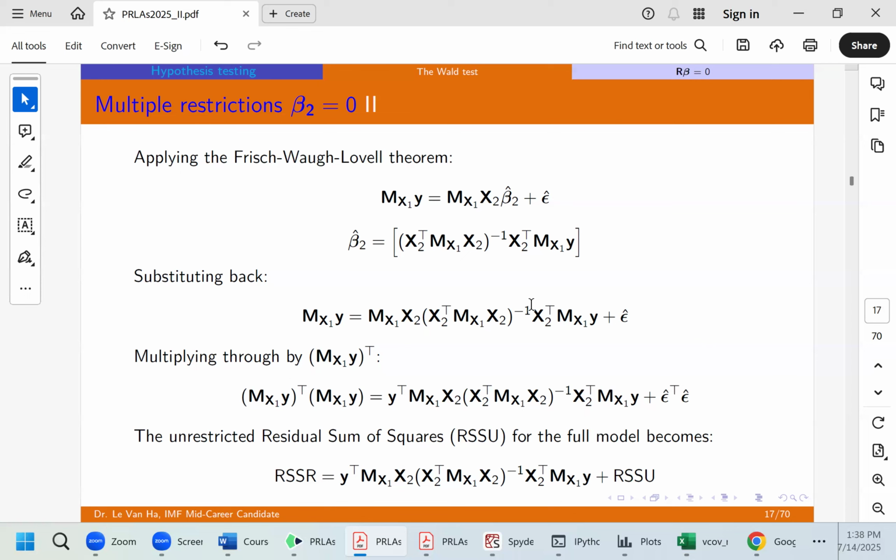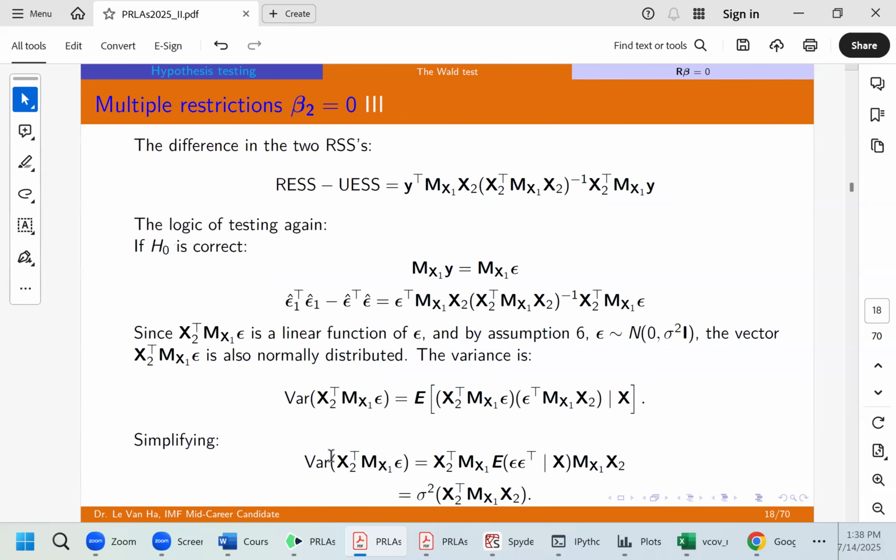So if we have this result, we consider this term. You take the difference between the sum of squares of the restricted model minus the sum of squares of the unrestricted model. You have this one. And after some manipulation, you will see that again we will have x2 transpose M_X1 times epsilon. Let's say the difference between the two error terms will be equal to this one.